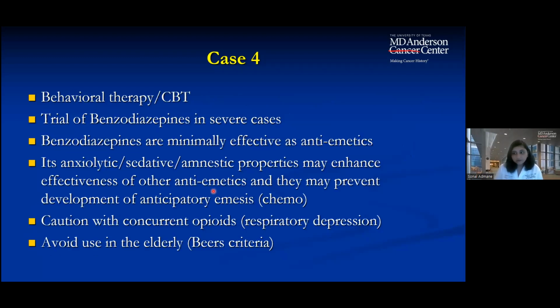Usually we recommend behavioral therapy or CBT for such patients, which has shown benefit. Benzodiazepines are used in certain cases, however they are not very good antiemetic agents, and we do not recommend their use as first line agents. We recommend behavioral therapy in such patients.